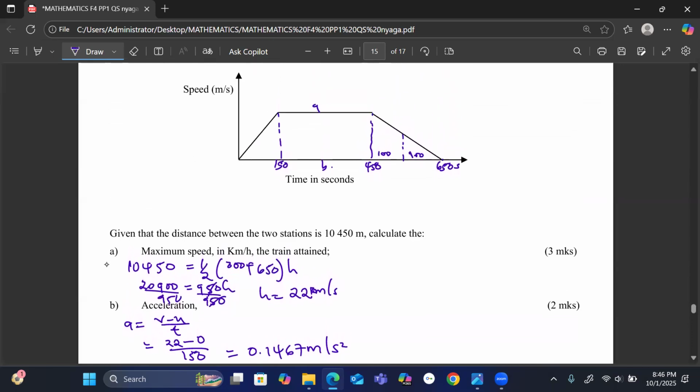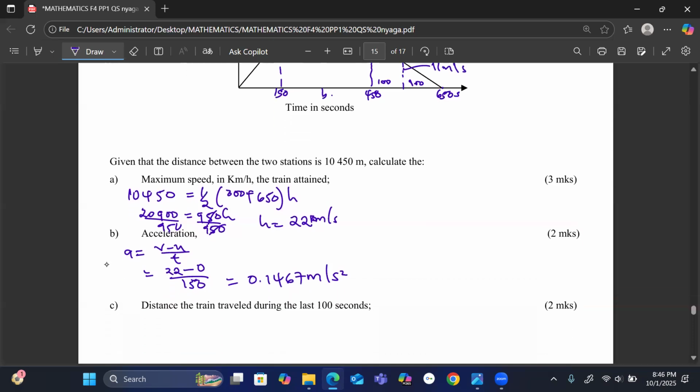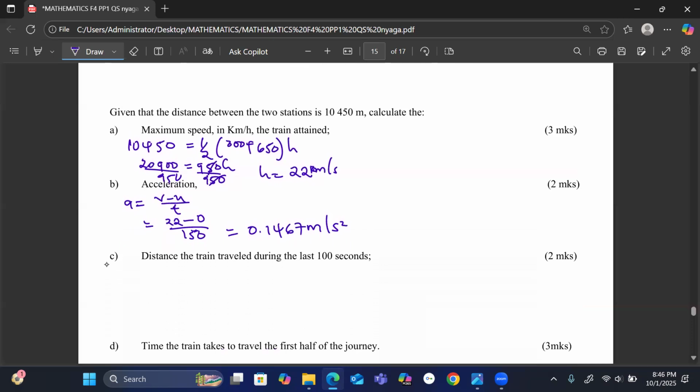So if the speed was 22 meters per second, that means half of it is going to be 11 meters per second.